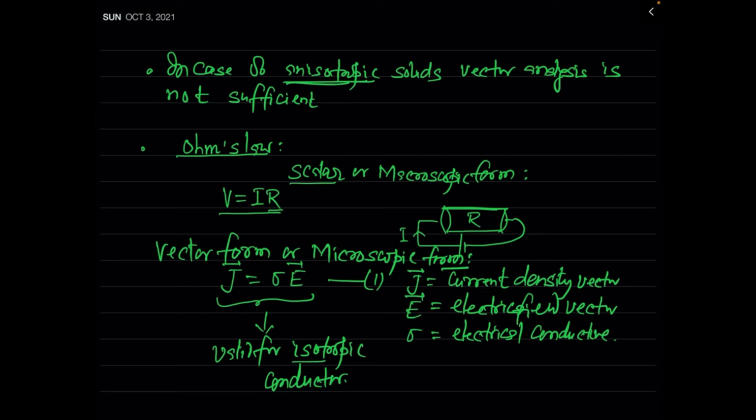Now you know that in this case, if we want to express this equation 1 in a scalar form, then what will be the result? You can easily see. For that, let us express the vector quantity in terms of their components. So you know this vector J can be expressed as Jx i hat plus Jy j hat plus Jz k hat.